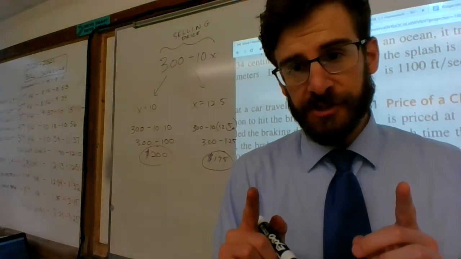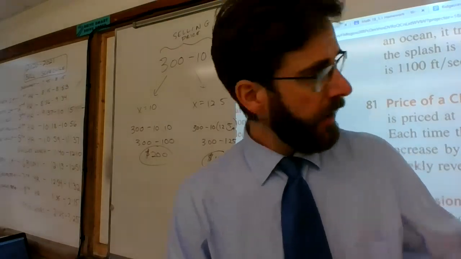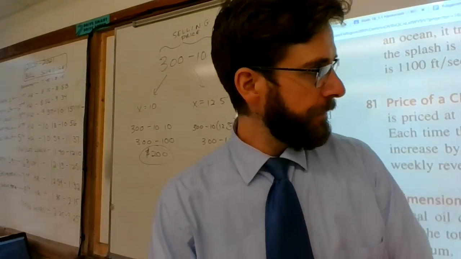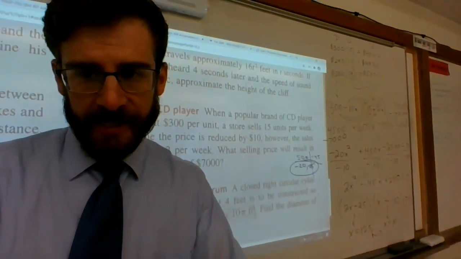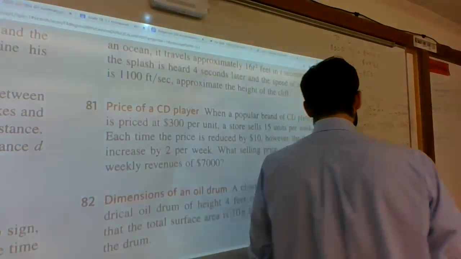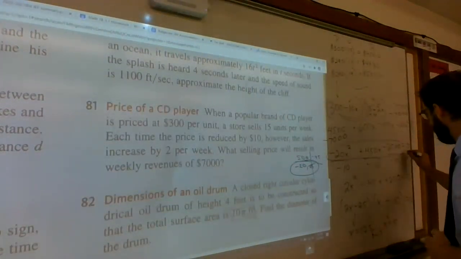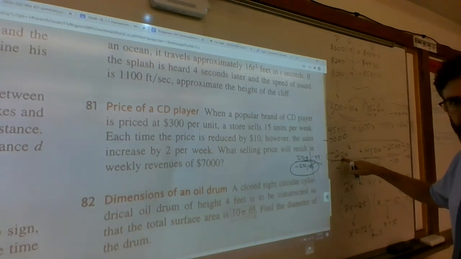Which, you know what, this actually makes a lot of sense if you understand what our function was to begin with. Our function before we divided by negative 10 was an upside down parabola.